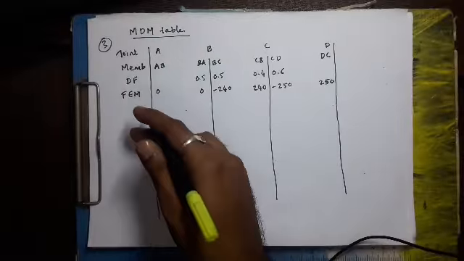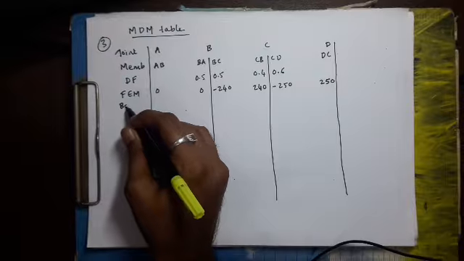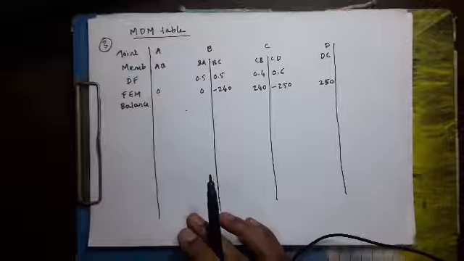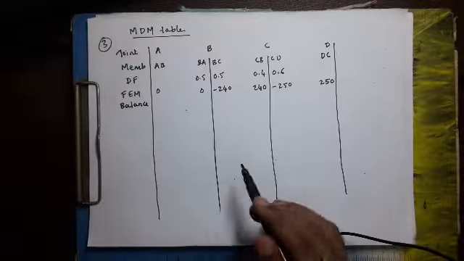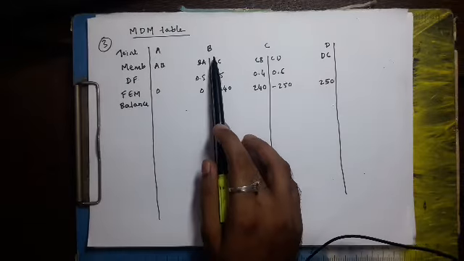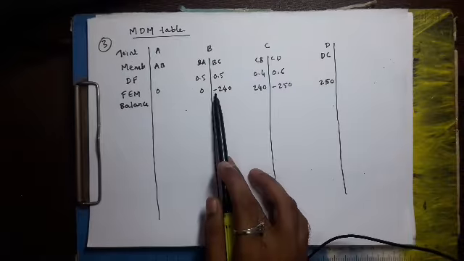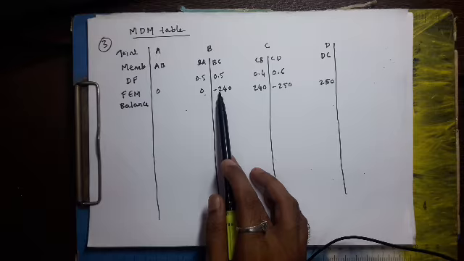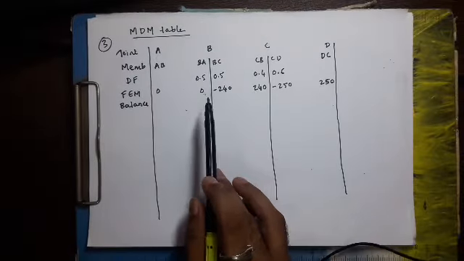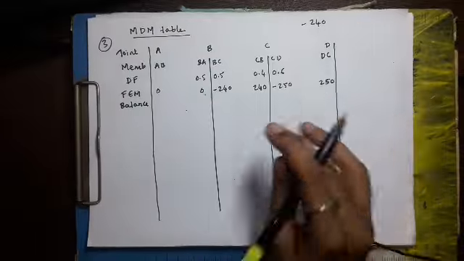Now you see, after FEM we have a step by the name balance. In balance step we have to balance a particular joint. Now you see, the net moment at joint B is 0 minus 240, so the net moment will be minus 240.